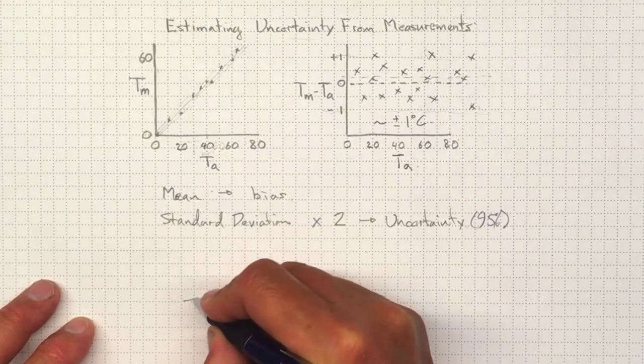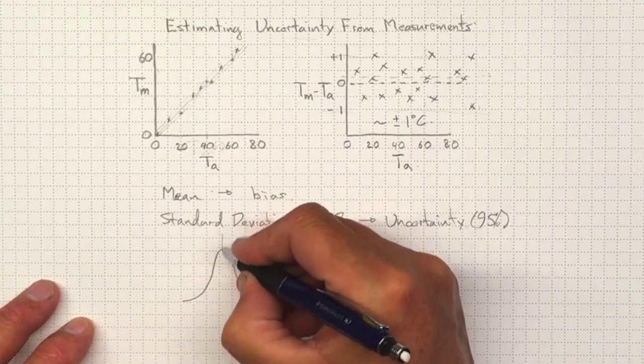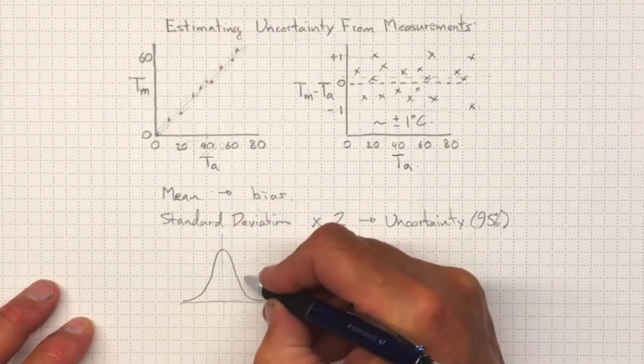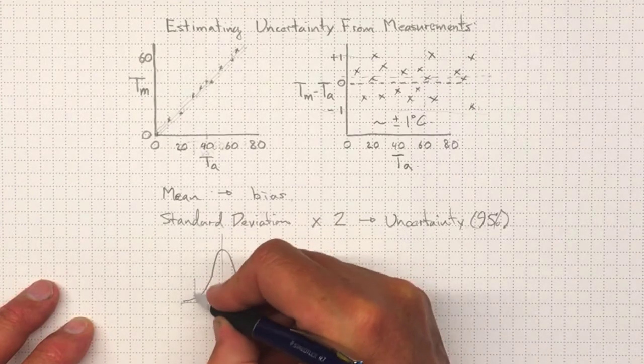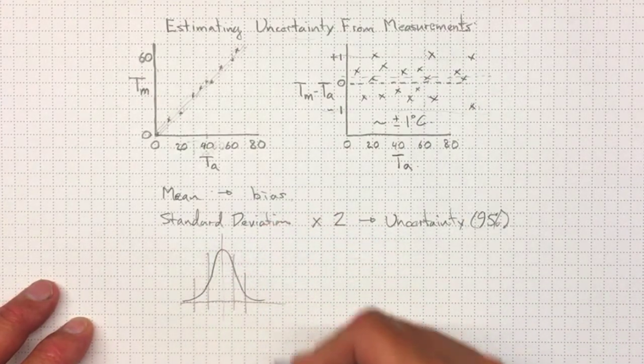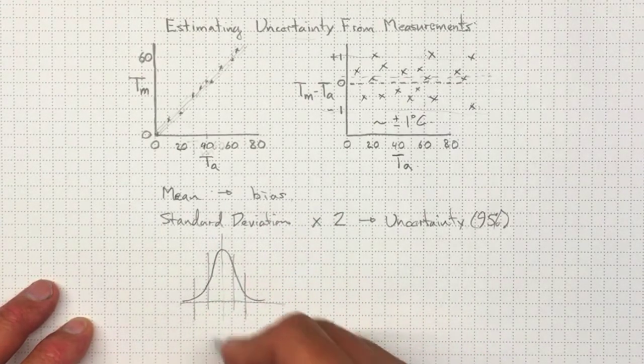If I have a Gaussian distribution, I've got a curve that's got a shape something like that. There's the mean, and there's 1 standard deviation, holds about 68%. There's 2 standard deviations.